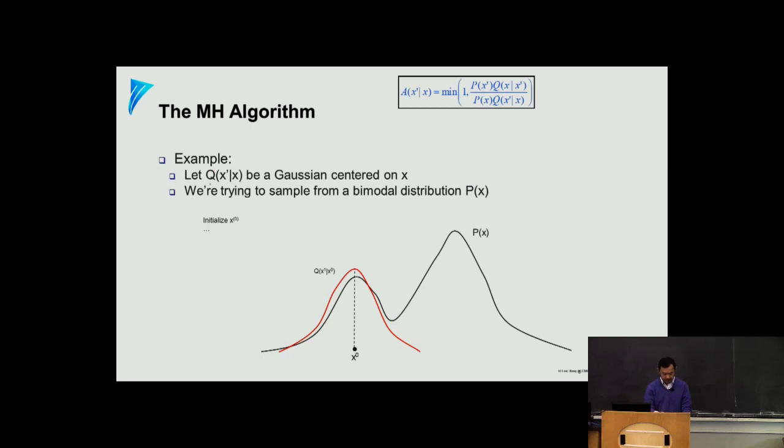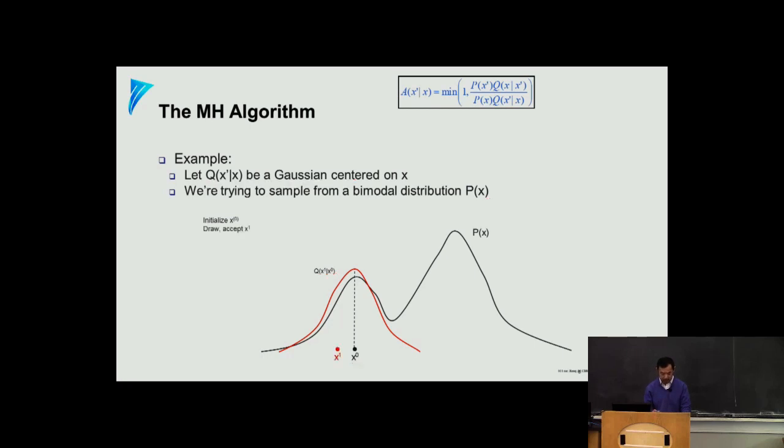Say we define the proposal to be a Gaussian centered at x, and the target is a bimodal distribution P(x), the one we saw before. How does it push you correctly into covering both modes? Well, you start from some initial random sample, say x0. You define a proposal distribution from which you can sample x1.